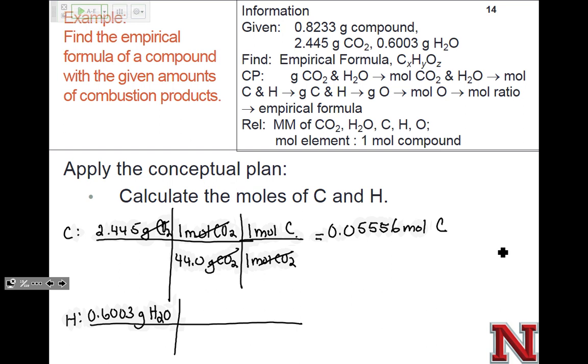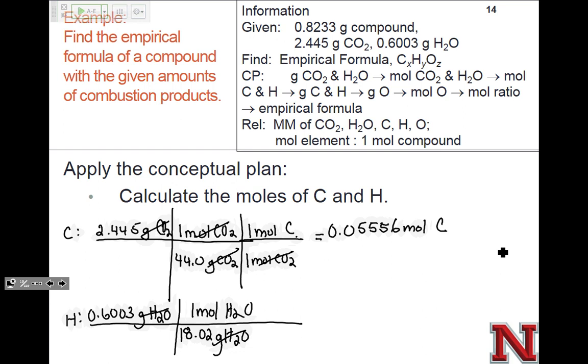So we can calculate from the periodic table, our molar mass of H2O is 18.02 grams per mole. So our grams H2O go at the bottom. Our 1 mole H2O goes at the top. And again, we can't use 1.008 grams of hydrogen because grams hydrogen does not cancel out grams of H2O. That's not a relationship.